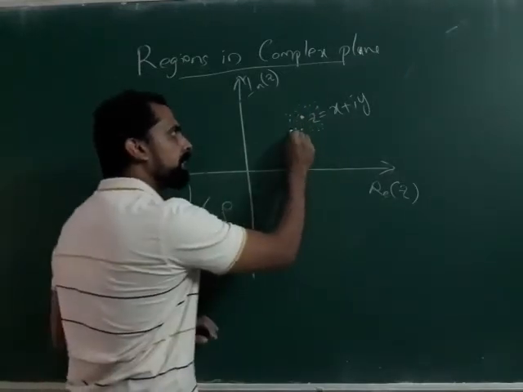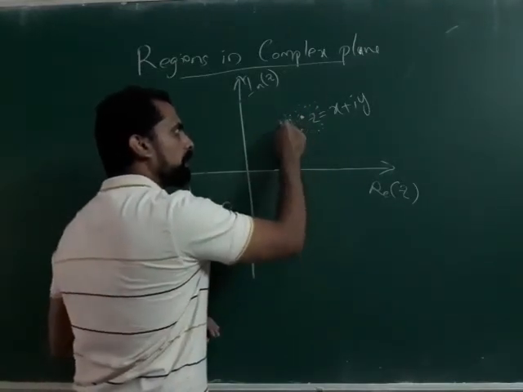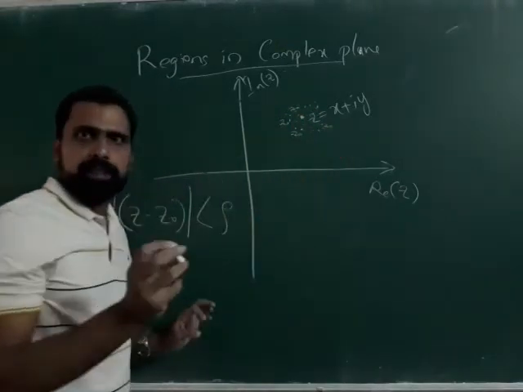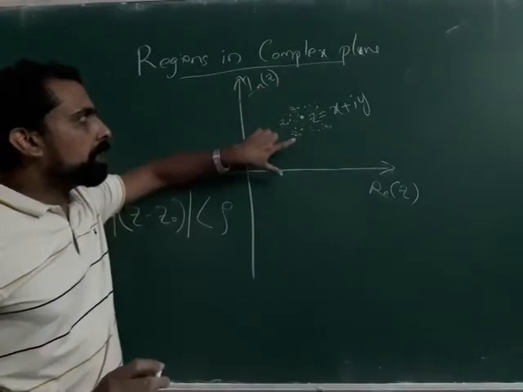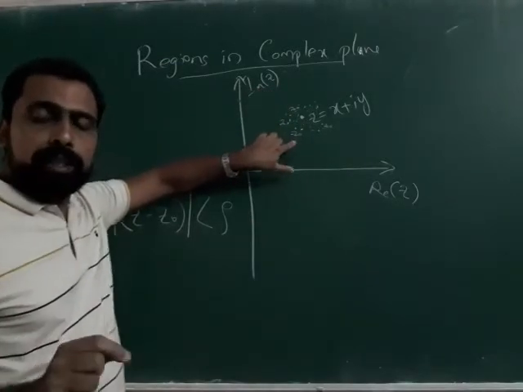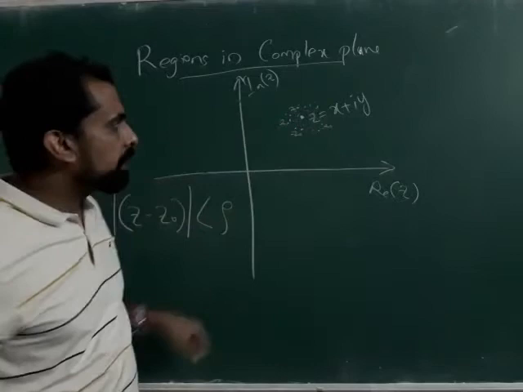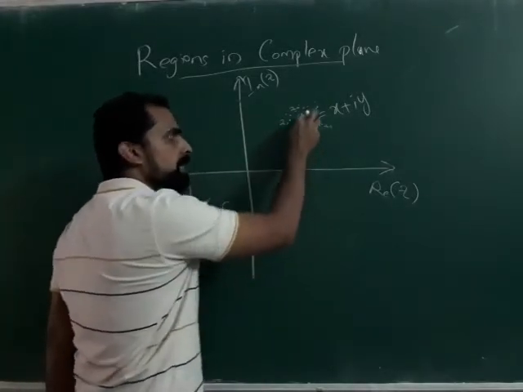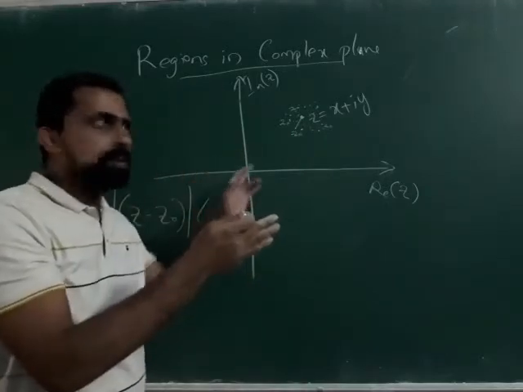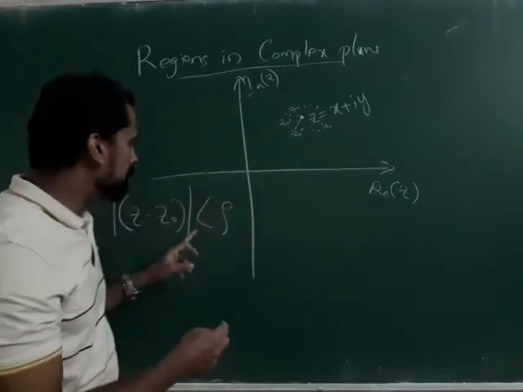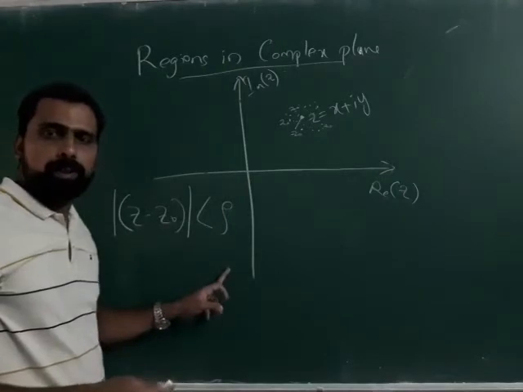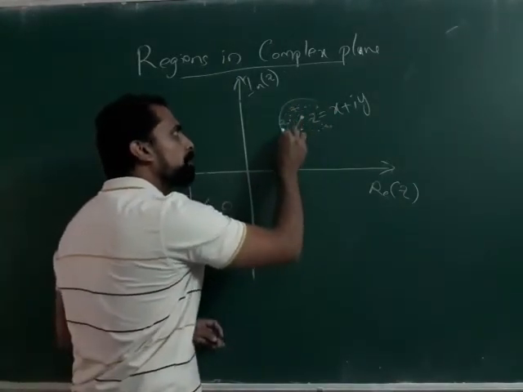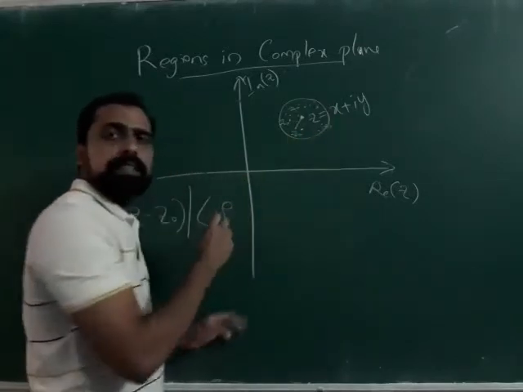If you take any z0 somewhere here or here or here, wherever it may be, neighboring this z, the length of this, that is the modulus of z minus z0, must be less than some value rho. We call this the neighborhood of this point z.